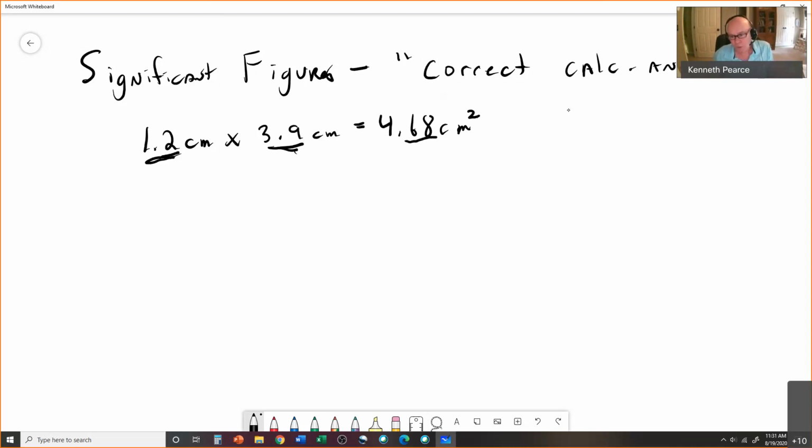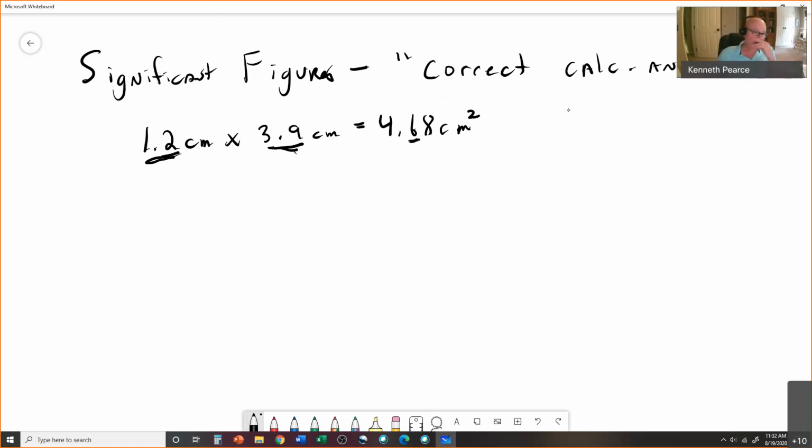That's just not physically real. Trust me, you just can't add extra information. Now, it makes sense that my answer would have at least 1 decimal place, because the best I can do with my measurement is go out 1 decimal place.